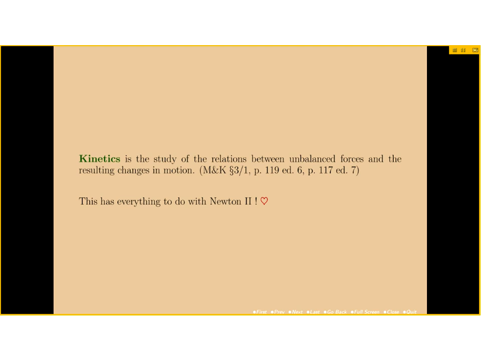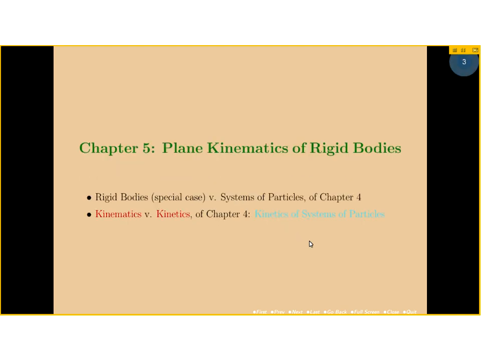So it's clear that kinetics has everything to do with Newton's second law. Kinetics is really the application of Newton's second law to a particle, or a system of particles, or a rigid body. So that is the distinction then between kinetics and kinematics.